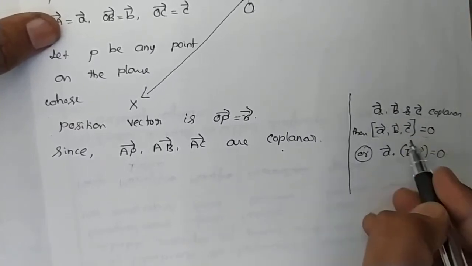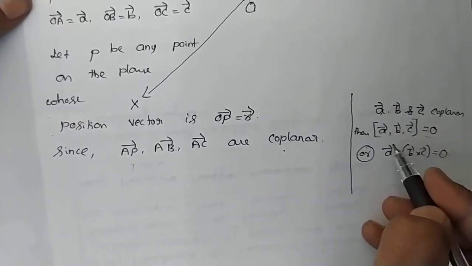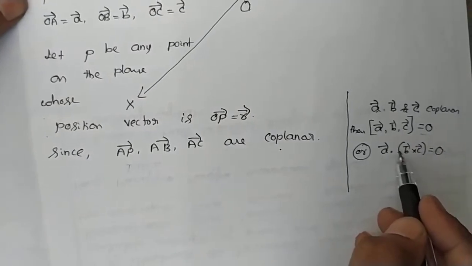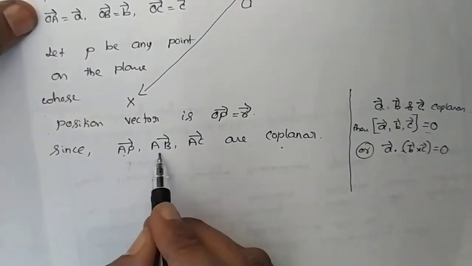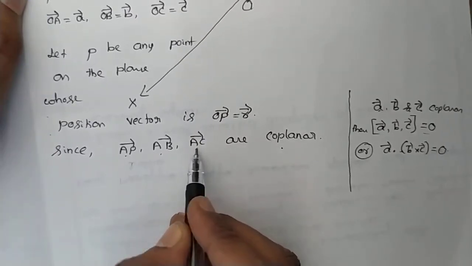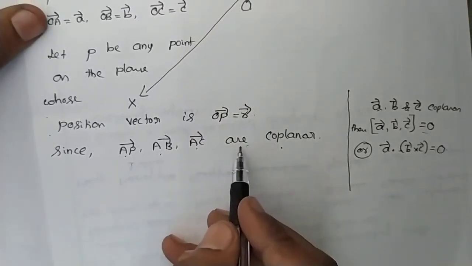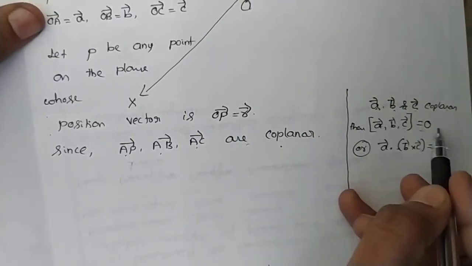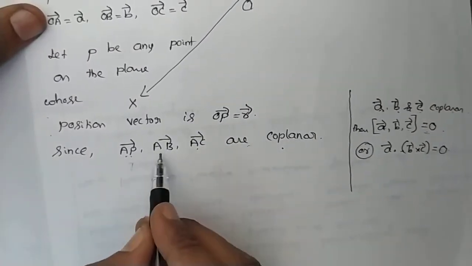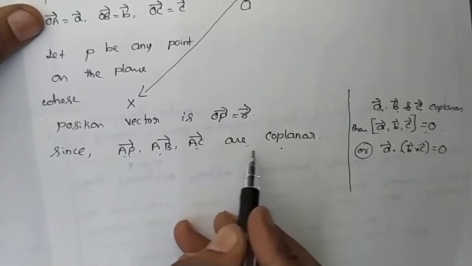This point we already learned in our vector algebra. This point I am using in this derivation. Since AP vector, AB vector and AC vector are coplanar, then what is the condition? If A, B and C are coplanar, then [A, B, C] equals 0. Here AP, AB and AC are coplanar.